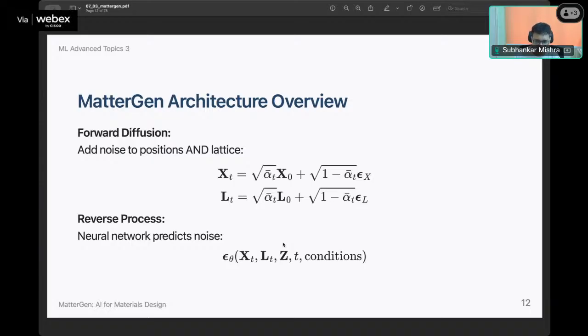So some noise added to atomic positions, some noise added to the lattice vectors, which gradually will destroy the structure. And the reverse will just try to remove that noise, or we either learn the noise and then subtract. But here, basically, learning noise and subtraction is not there, but rather we reconstruct a valid crystal directly.